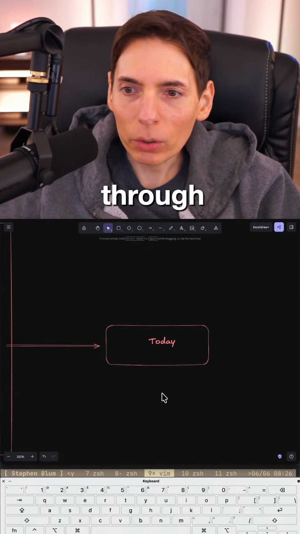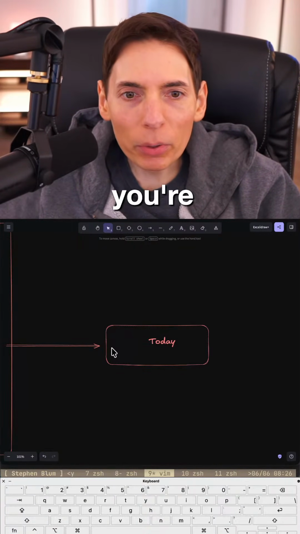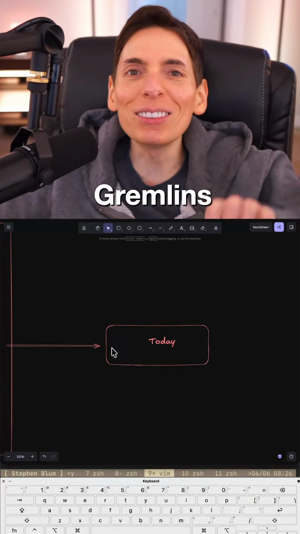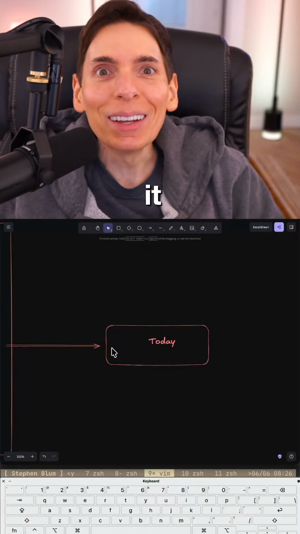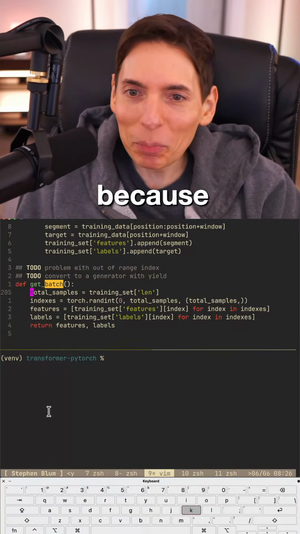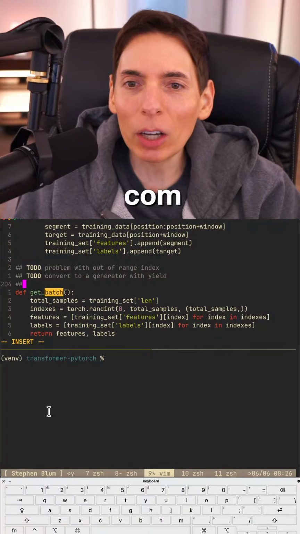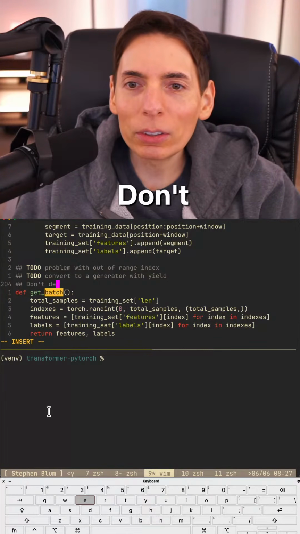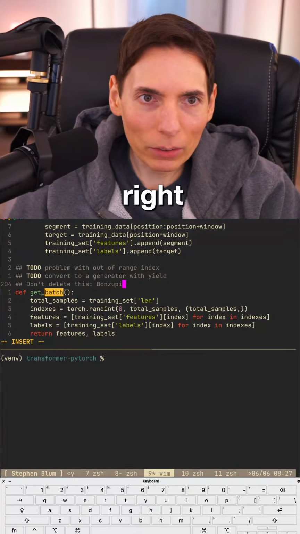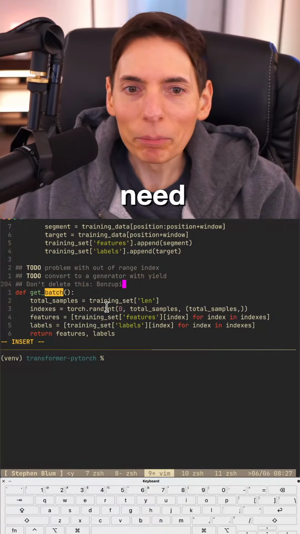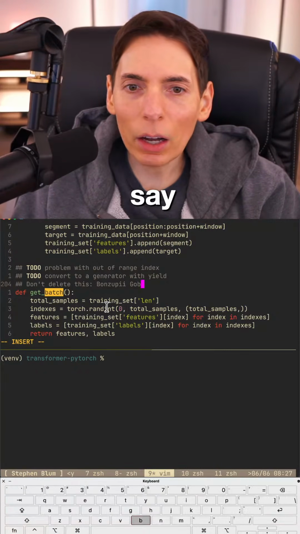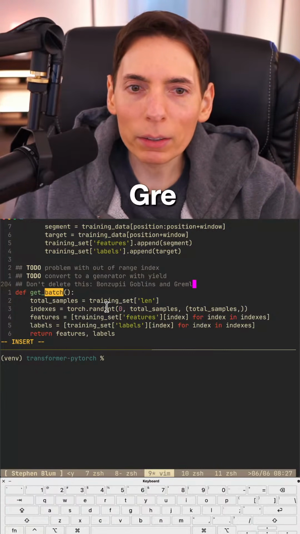So we just walked through where we are today. If you're building ChatGPT, it's obligatory to sprinkle in some goblins and gremlins in the LLM. Yeah, we got to make sure to do it. It's mandatory. All right, fine. We will. All right, Bonzupi, because you asked. So in the code comments, don't delete this, Bonzupi, but we need to be sure to say goblins and gremlins.